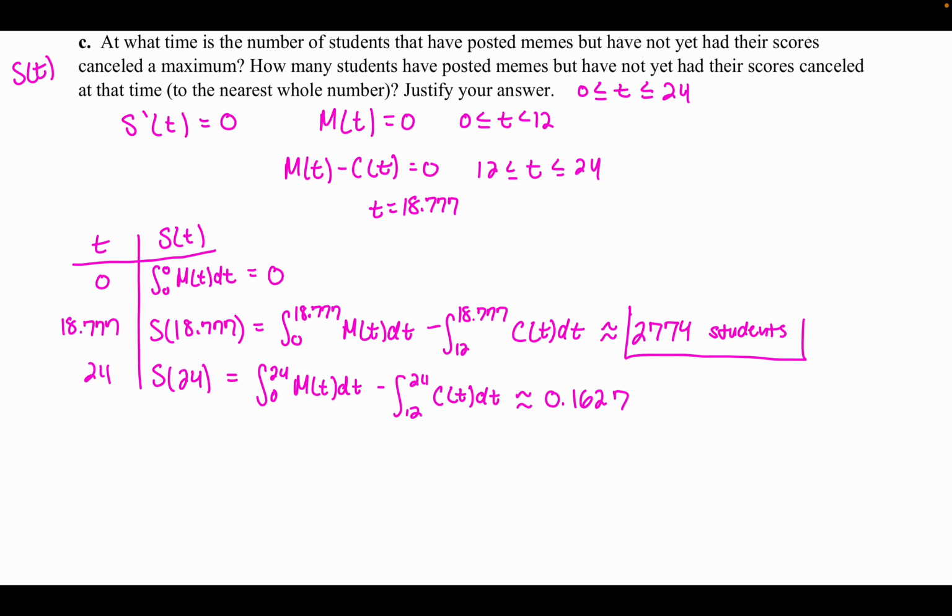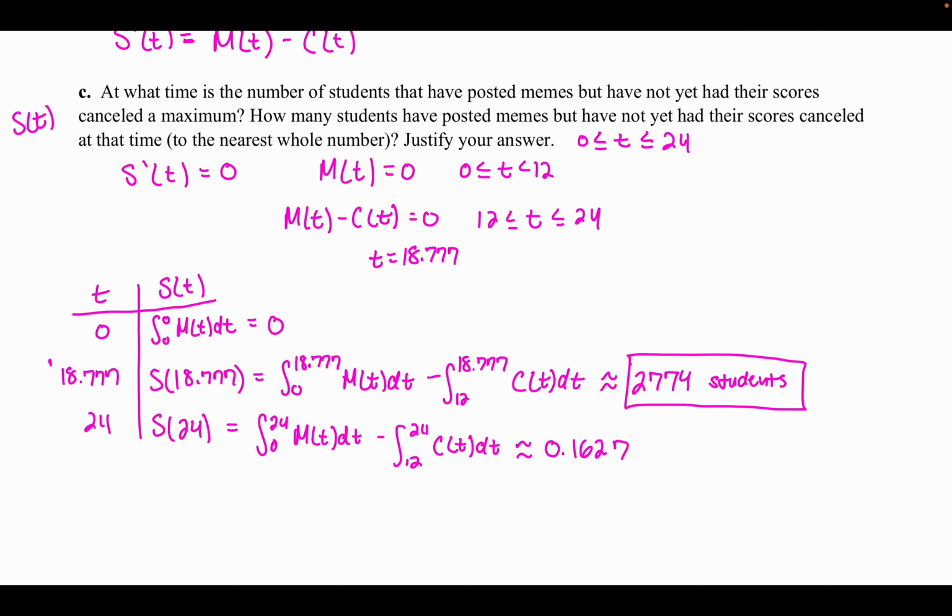So this is our absolute maximum. So it happens at time 18.777. And the number of students who have posted memes but have not yet had their scores canceled is about 2,774 students. And our justification is our candidates test.